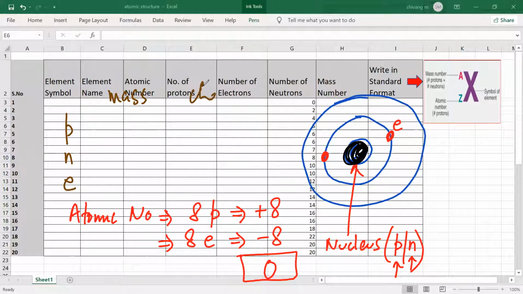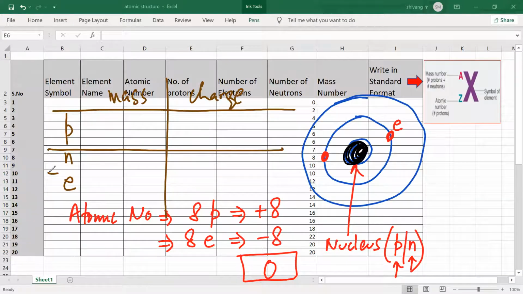One is the mass and one is the charge. We have already discussed that the charge of a proton would be +1, of an electron would be -1. Are we clear, Mr. Satya? Yes, sir. We have already discussed what is the charge of a neutron. Mr. Satya? Sir, it is 0.